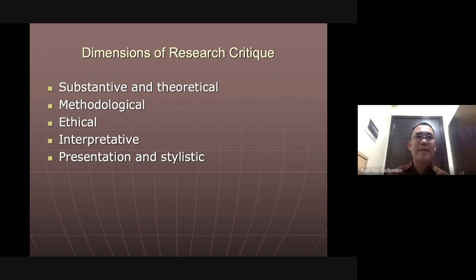If you're examining how the researchers interpreted the results, you are looking at the interpretative dimension. But if you look on how the researchers presented their data and their style in writing, kung first person ba, second person, third person, that's a presentation and stylistic dimension.